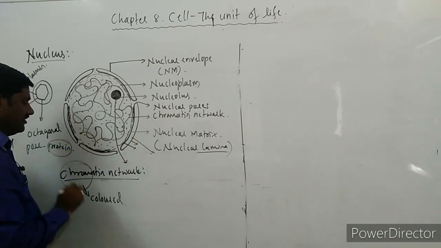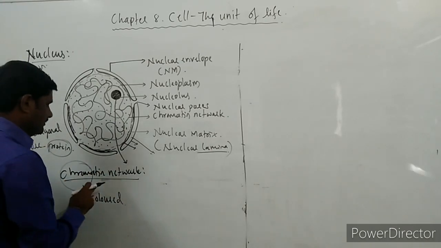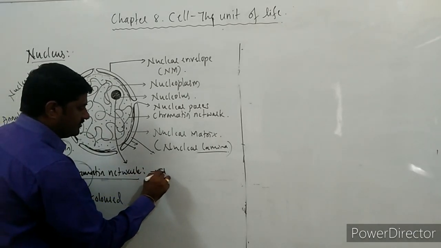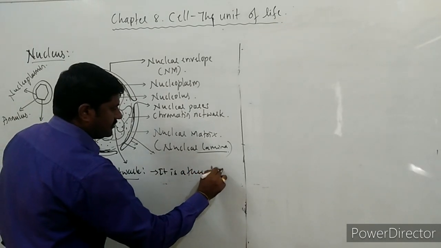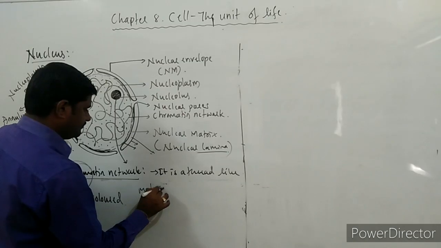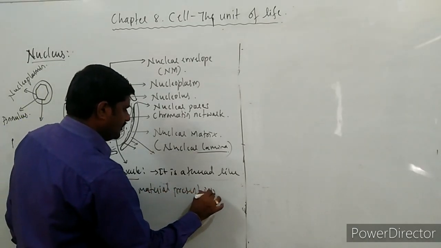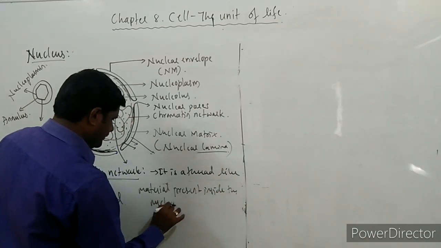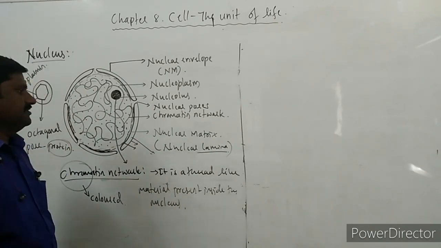Because of this reason it is called the chromatin network, right? So this chromatin network is a thread-like material present inside the nucleus.